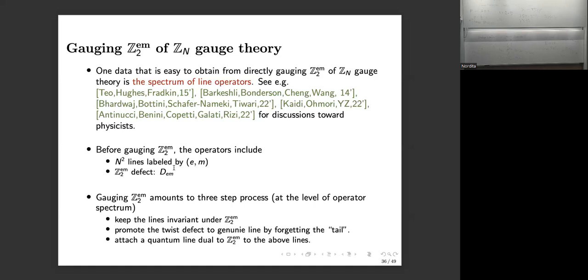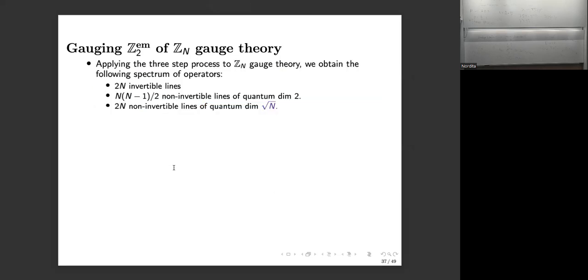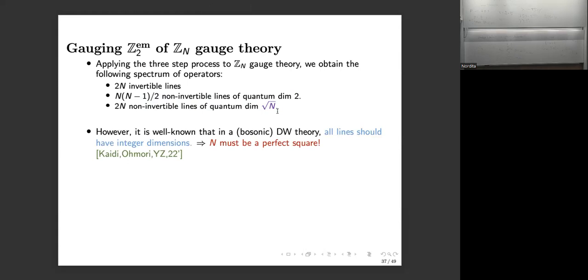The result is that in the gauged theory, you have some non-invertible lines with quantum dimension square root of n. But on the other hand, for an arbitrary bosonic Dijkgraaf-Witten theory in 2+1D, all the line operators should have integer quantum dimension. This is a well-known fact.